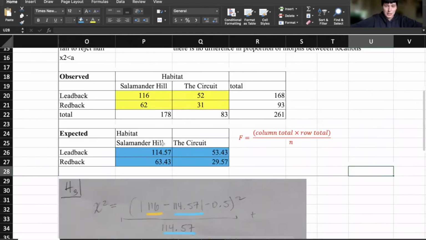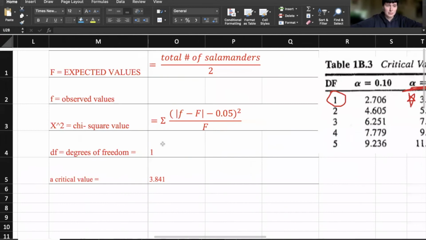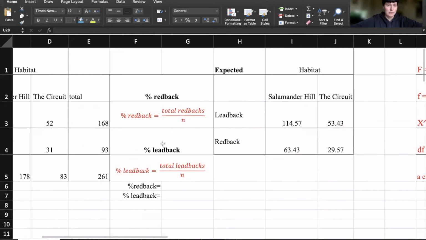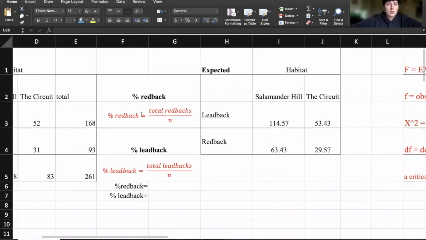So I'm going to go back over here. To calculate percent red back and percent lead back, you're just going to take your total number of red backs and divide it by your total sample size.